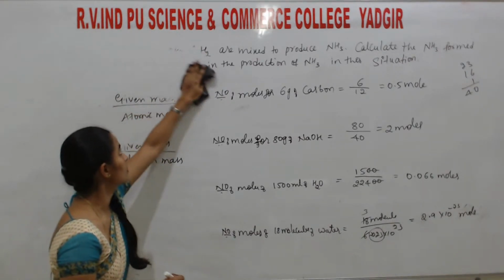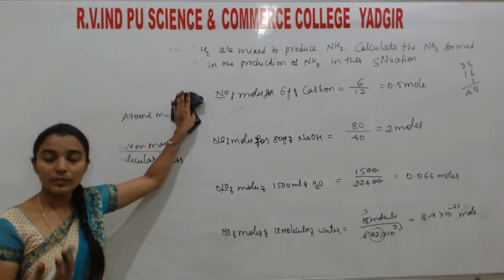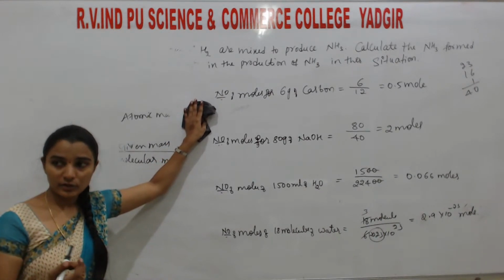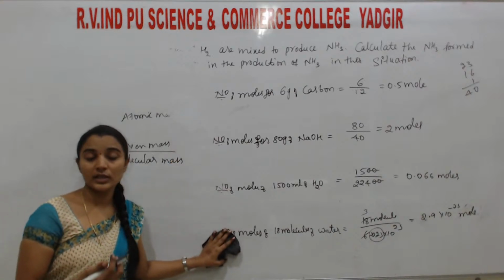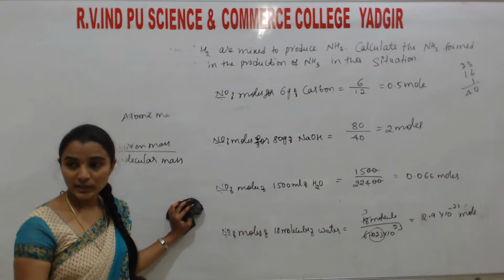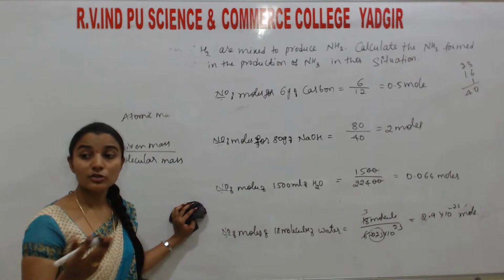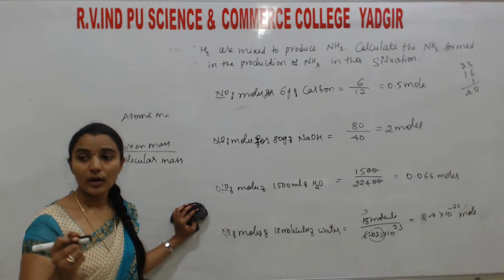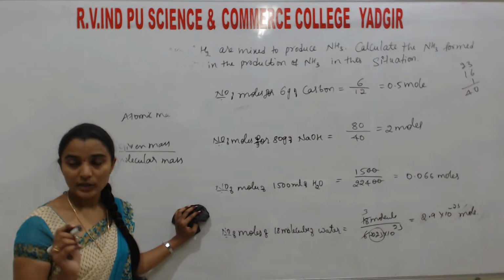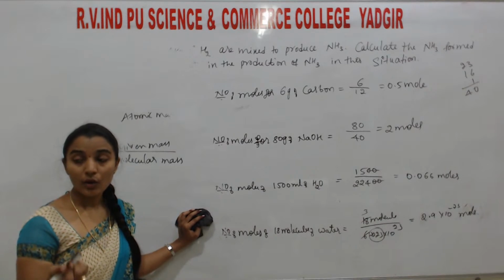So the next one is the reactions in solutions. If solution is there, the solution will be 10% sugar solution, 10% acid solution, 25% acidic solution, basic solution, you are going to say. That means 25% acidic solution means 25 ml of acid present in 100 ml of water. Understand? 10% sugar solution, 10 gram of sugar present in 100 gram of water. That is percent solution. Similarly, 1 molar, 0.5 molar, 2 molar like that. Okay? How we can calculate?